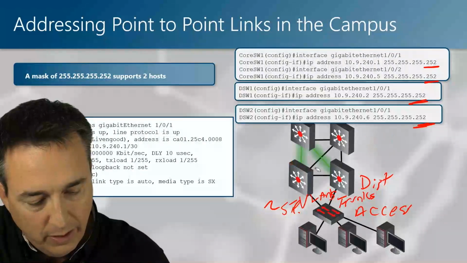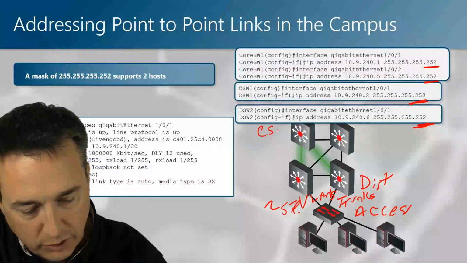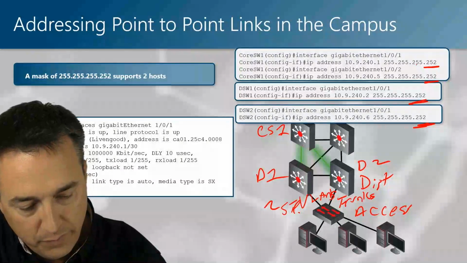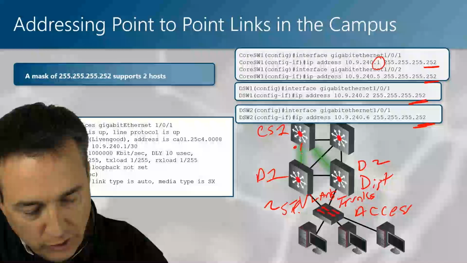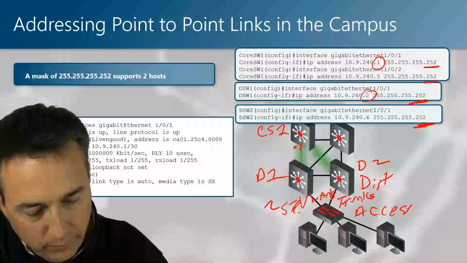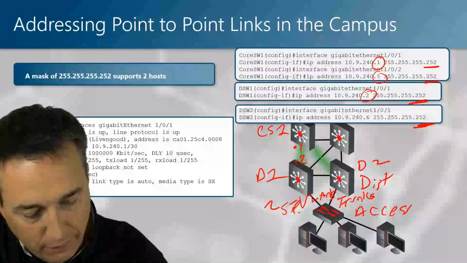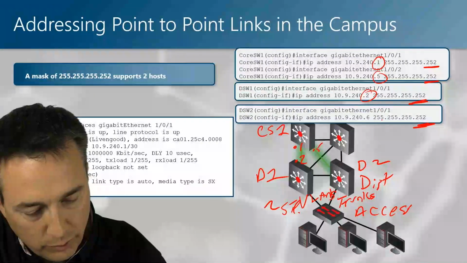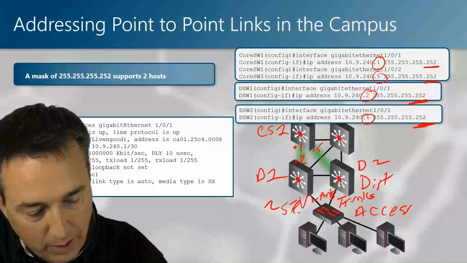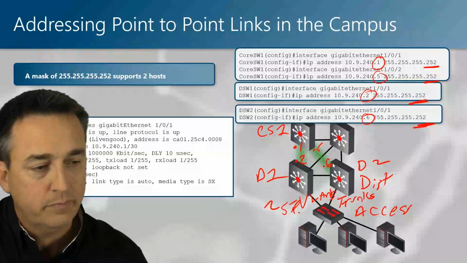So in this example here, what do we got? This is core switch 1. So let's say this is core switch 1. This is distribution 1. Let's say this is distribution 2. So core switch 1 using .1 here, and distribution 1 using .2 here. Core switch 1 using .5 here, and then distribution switch 2 using .6 here.